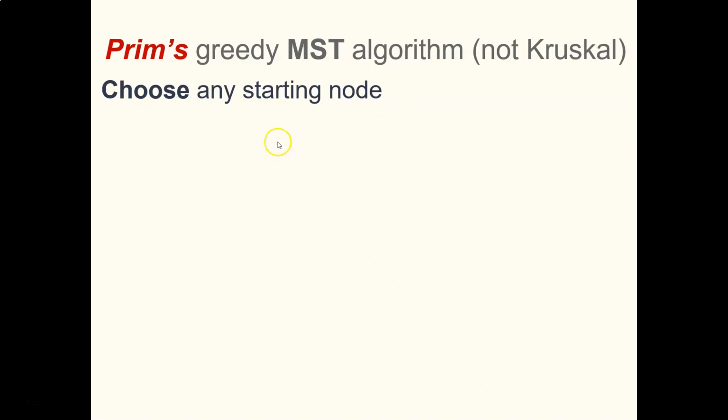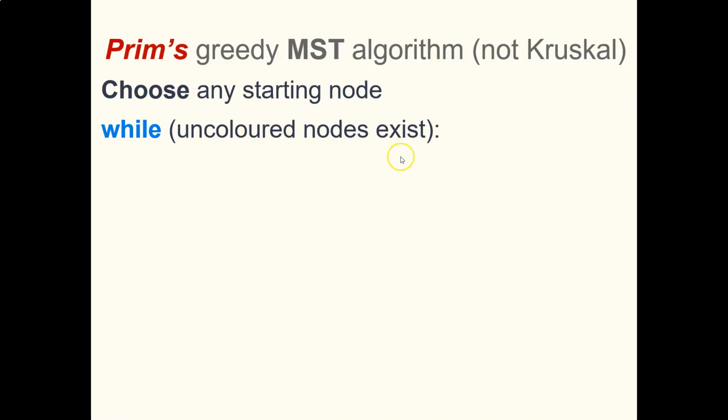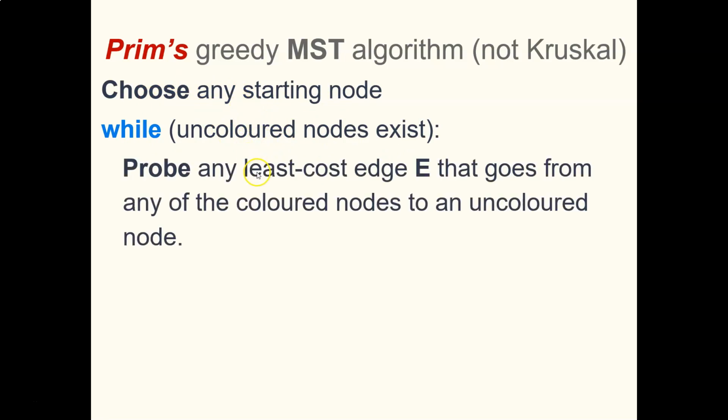Yeah, and so this is the starting point. So the algorithm goes like this. While an uncolored node exists, pay attention to the terms, guys, okay, uncolored nodes. The starting node should be colored. Yeah. So while an uncolored node exists, what you need to do is probe any least cost edge that goes from any of the colored nodes.